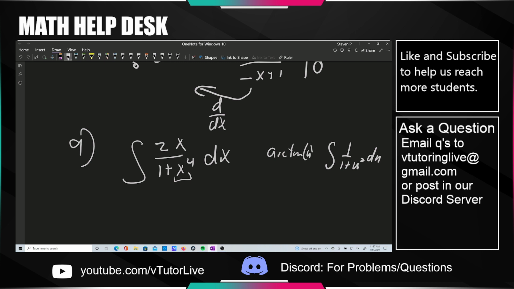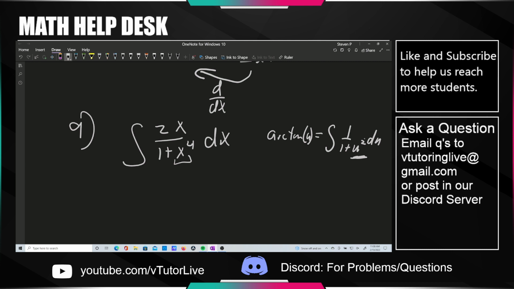Arctans, they're so crazy, man. Yeah, arctan. So the issue here is that this is x to the 4th, and we wanted to make it a u squared instead. So maybe try out a substitution that will turn this x to the 4th into a u squared, and make sure to use the chain rule for the change of variable, as you should know how to do with u substitution, right?